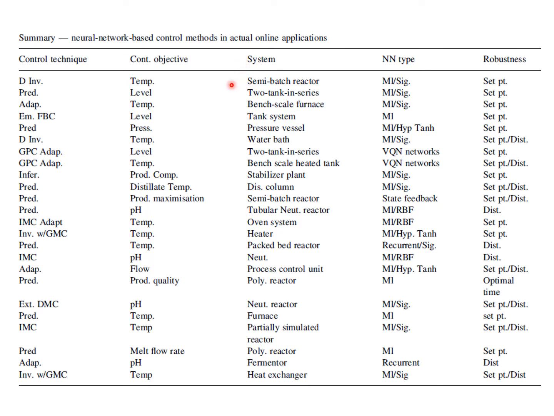And in a different sort of system, which you can see are very highly nonlinear: semi-batch, furnace, stabilizer plant, semi-batch reactors, tubular neutralizing reactor, very highly nonlinear, packed bed reactor. We have a polymerization reactor, very highly nonlinear, partially simulated, and fermenters, and all these. So a lot of them are highly nonlinear systems. Some are slightly nonlinear, but many of them are highly nonlinear, which is where the neural network has given an advantage.